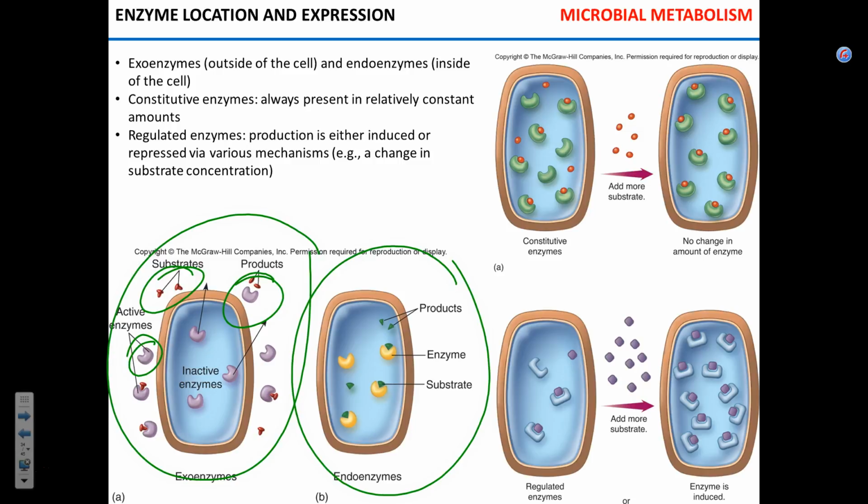For the microbial cell, what would be the function of the exoenzymes on a big scale? What would they do? What are they needed for? Exoenzymes. Why release enzymes in the environment? What do they do there?